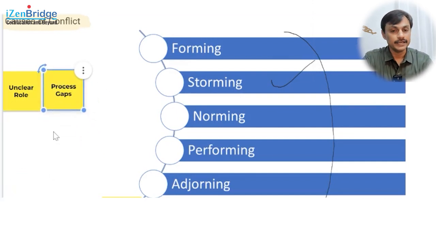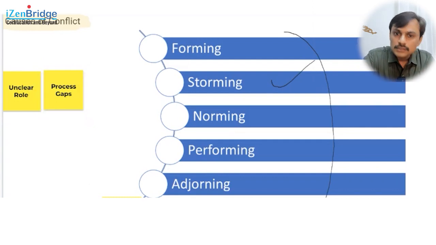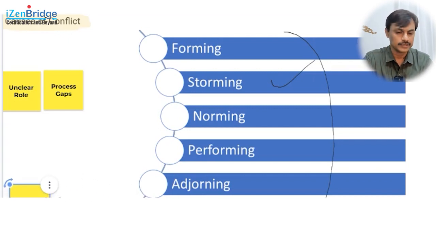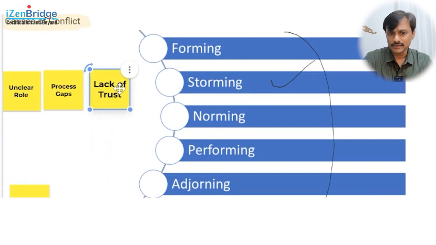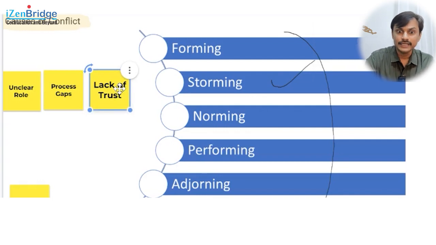We have unclarity about what we should do, how we should put in the work, how we should allocate time to a work, how we should make a report of a particular issue. So there is confusion related to who does what and how we do things, and that could also create a conflict. Then, lack of trust. At the initial stage we hardly know each other.